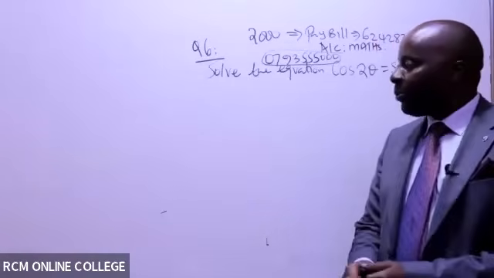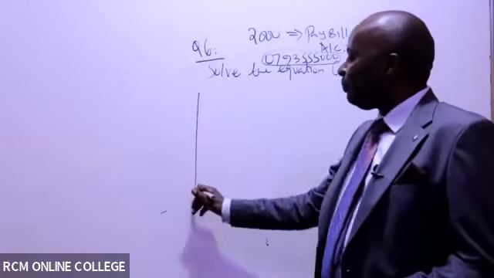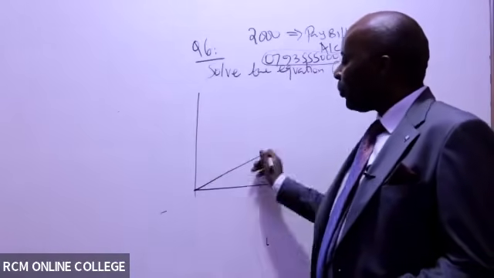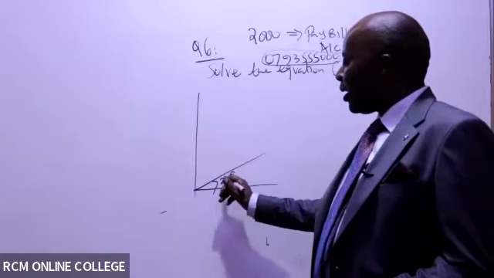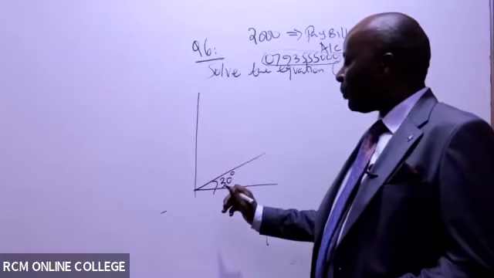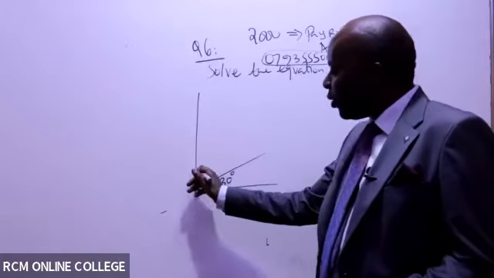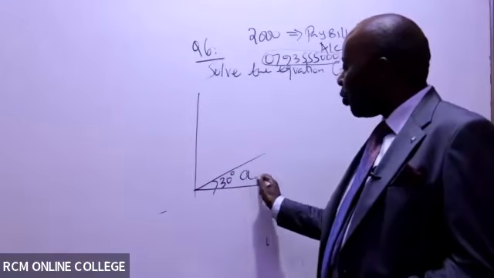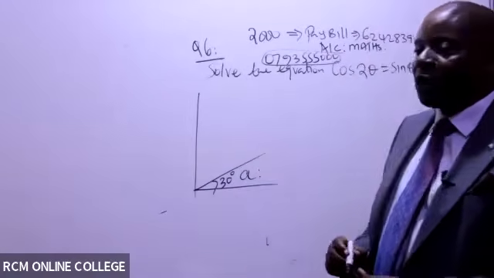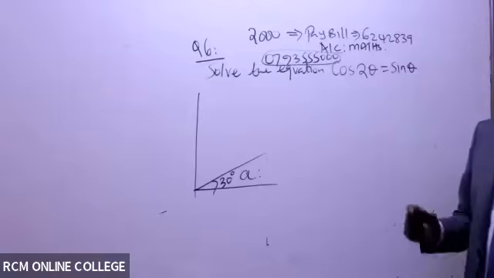If, for example, you're given an angle A of 30 degrees, and the whole of this is a right angle, and somebody asks you to give the complement of angle A, not supplement, but complement.